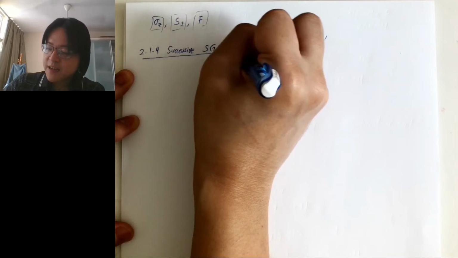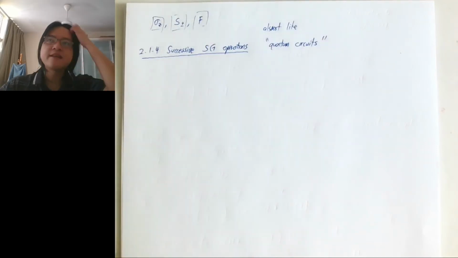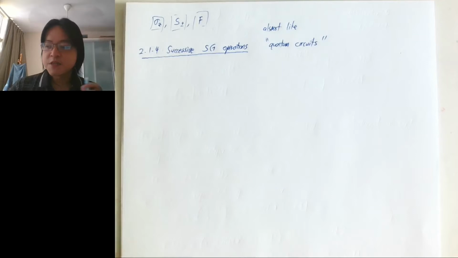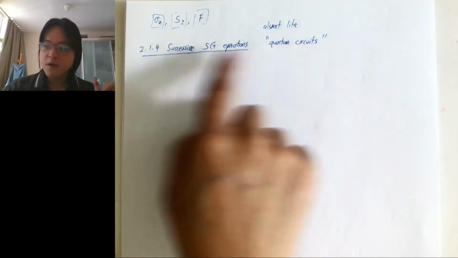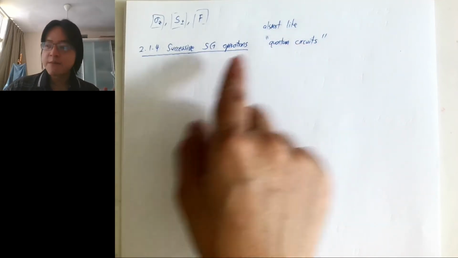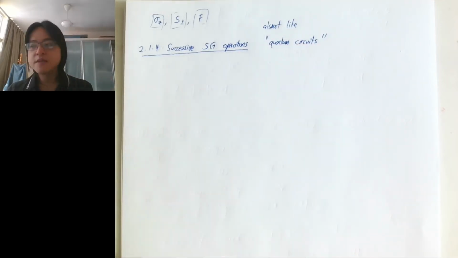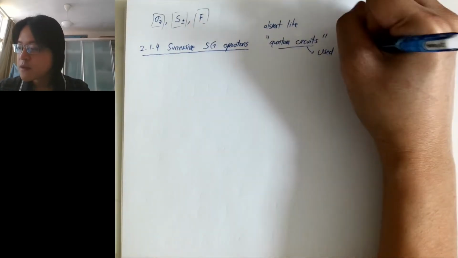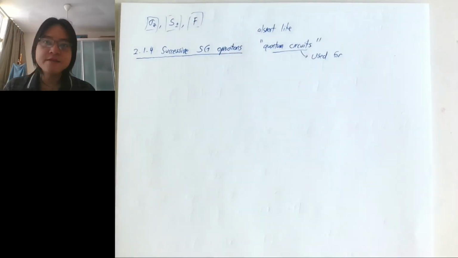So the Stern-Gerlach experiment was first done in the 1920s, and is to demonstrate the quantization. But the similar concept, although people no longer use silver atoms, they're doing quantum circuits, and quantum circuits is something that is used for many things in research.